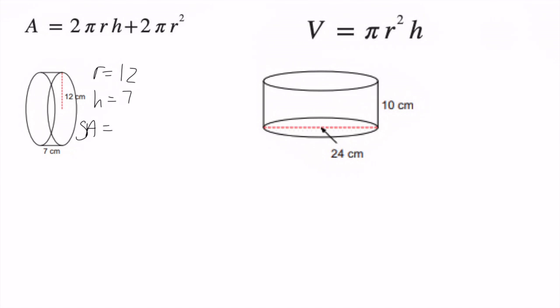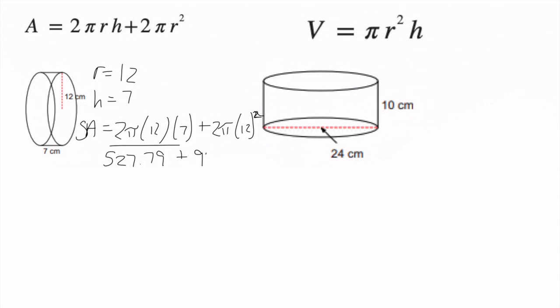So these next two, we have a radius of 12 and a height of 7. Surface area equals 2 pi times 12 times our height of 7 plus 2 pi times our radius of 12 squared. So that'll go ahead and give us, for this piece, 527.79 plus 904.78.